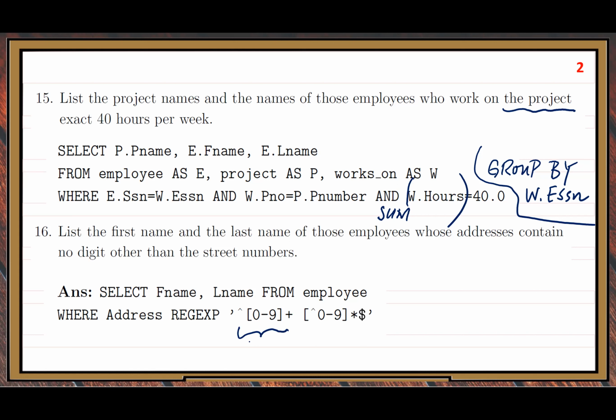You start the address string, start this notation, with one digit repeated one or more times, that plus sign. After that, the space character. Then you complete the street number part.